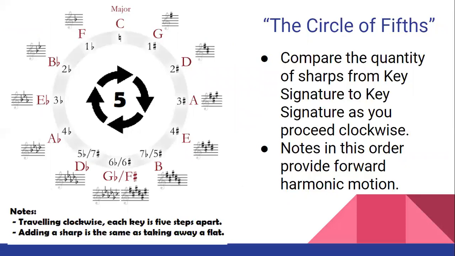This means that eventually we'll run out of sharps to add and we'll have to do the flat thing. If you go clockwise around this diagram, you will always be adding 1 sharp, which is the same as taking away 1 flat.